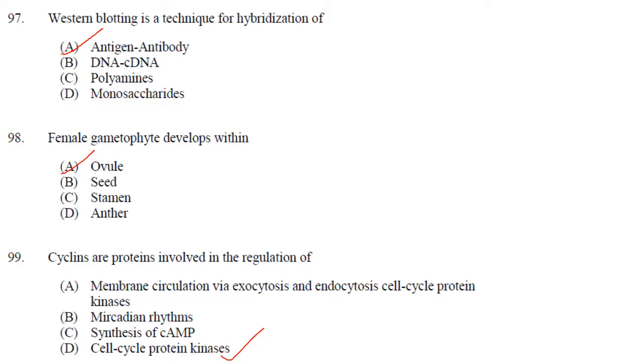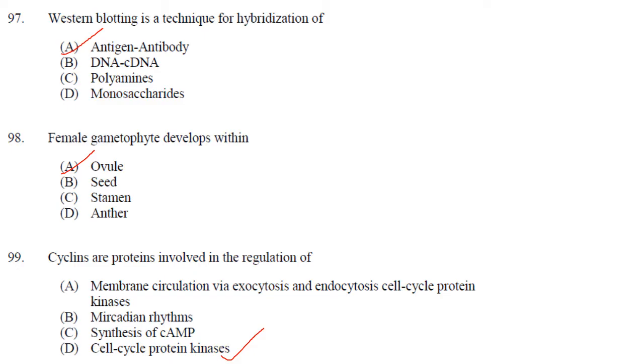So here the protein of interest is our antigen. And this particular antigen can be detected by a specific antibody which is specific for that particular antigen. So Western blotting is a technique for hybridization of antigen antibody. Answer is option A.